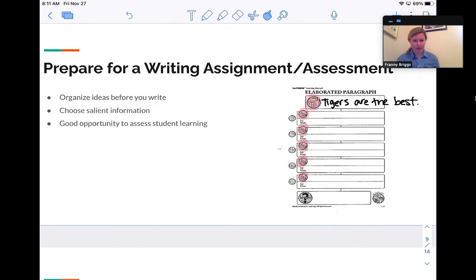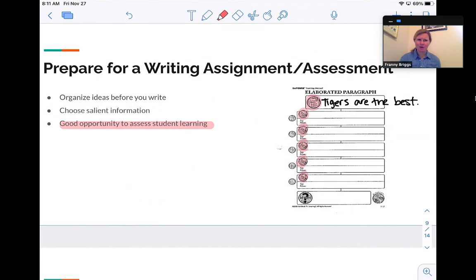The other thing is that graphic organizers can be a really good opportunity to assess your students. So if you say, okay, you have to read these pages in your textbook and make a graphic organizer of your choosing to show me what you learned, what the most important information is, that's going to give you, the teacher, a lot of information about what the students understood.